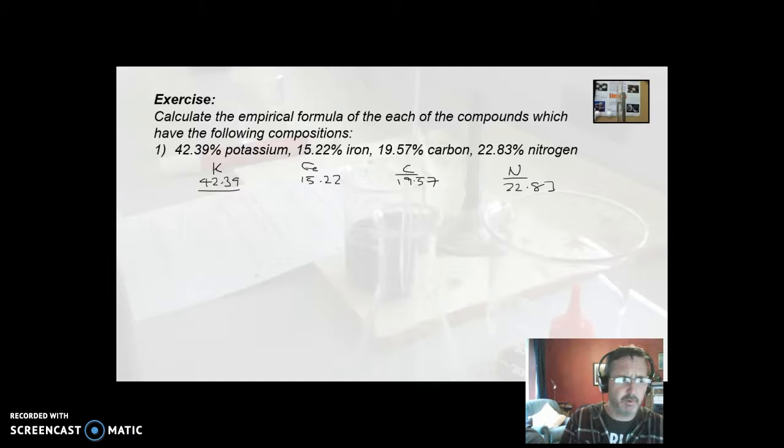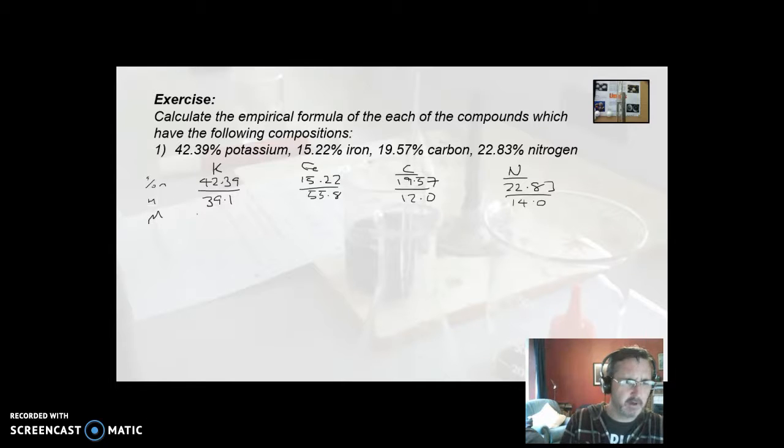Divide this through by the molar mass of potassium, which is 39.1. Molar mass for iron, 55.8, molar mass for carbon, 12.0, and nitrogen, 14.0. Remember again, this is my percentage mass, this is my molar mass, and this is my moles.